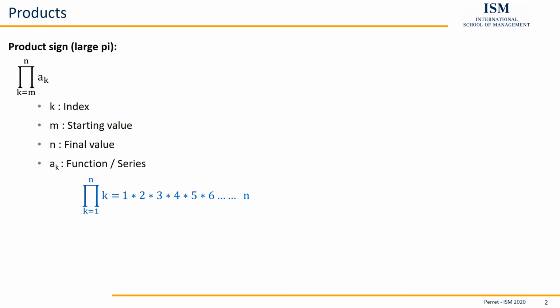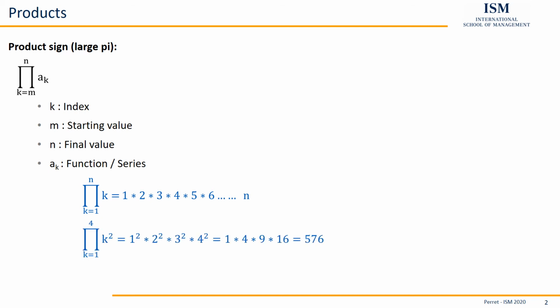Multiplied with the next highest integer inserted, 4. And so forth until I'm at n, the final value on top of the product sign. This is actually a bit fancier way of writing what in a different unit I introduced as the factorial of n.